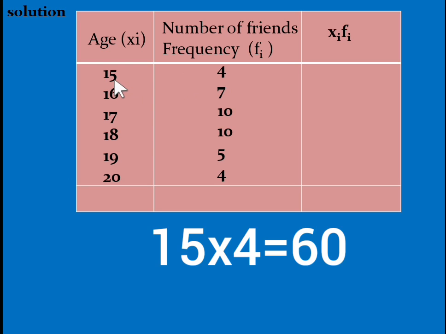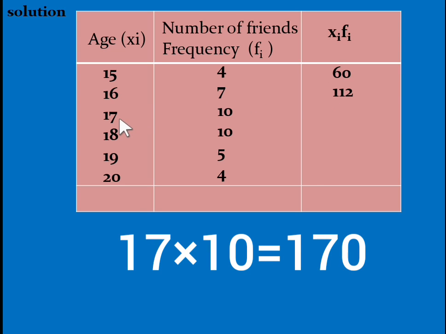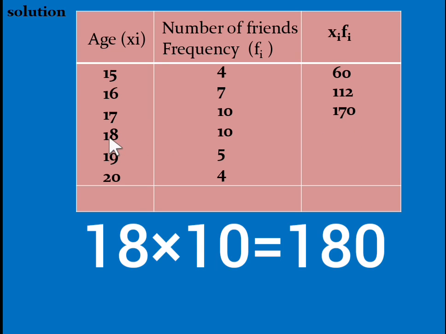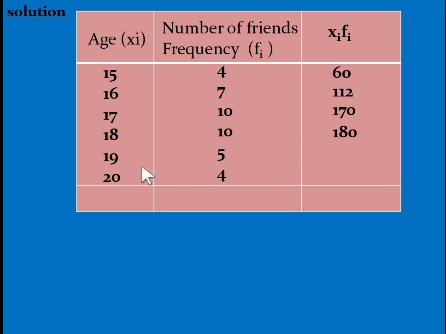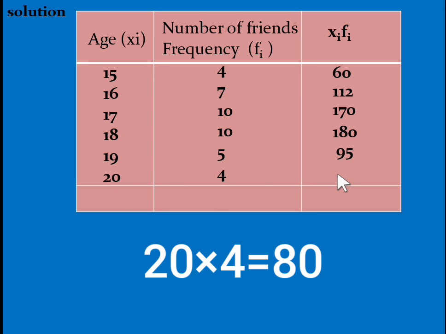So we have to multiply 15 and 4. 15 multiplied by 4 is equals to 60. 16 multiplied by 7 is equals to 112. 17 multiplied by 10, 170. 18 multiplied by 10, 180. 19 multiplied by 5, 95. 20 multiplied by 4, 80.